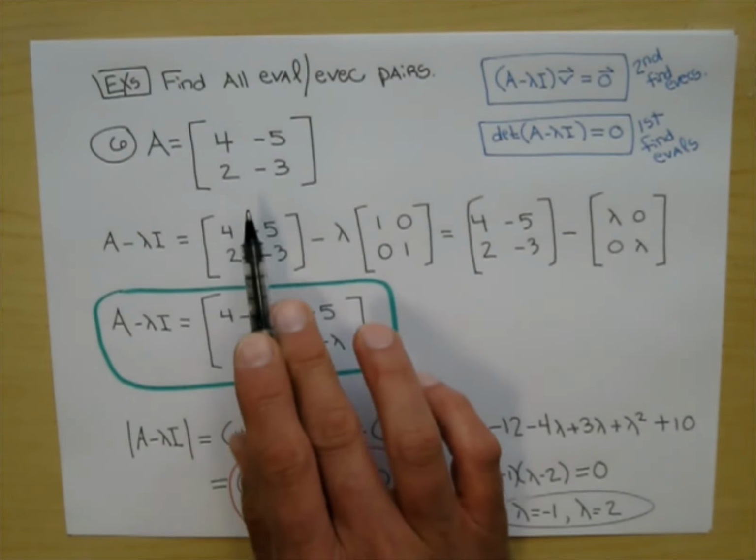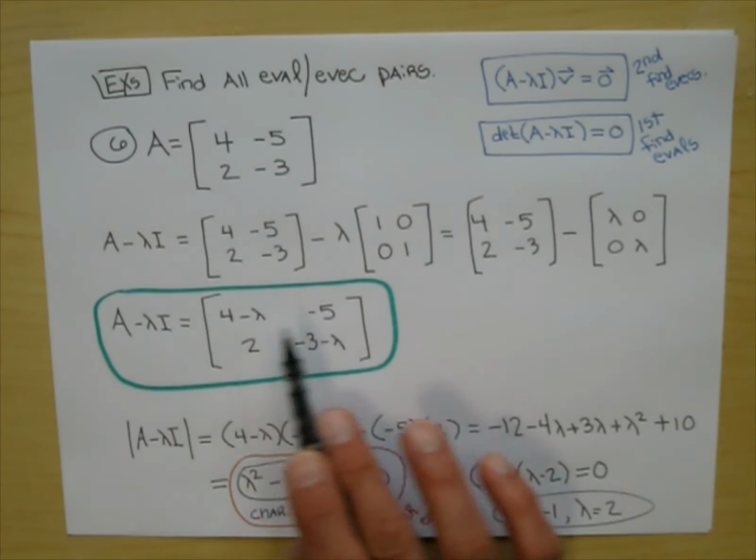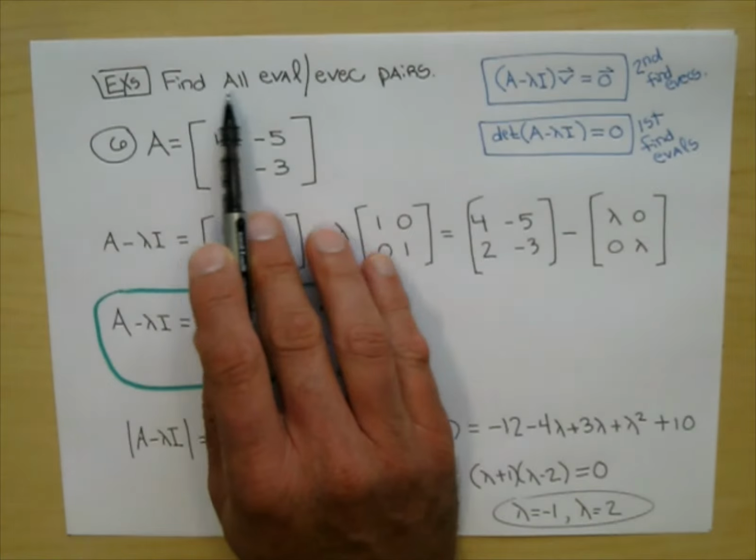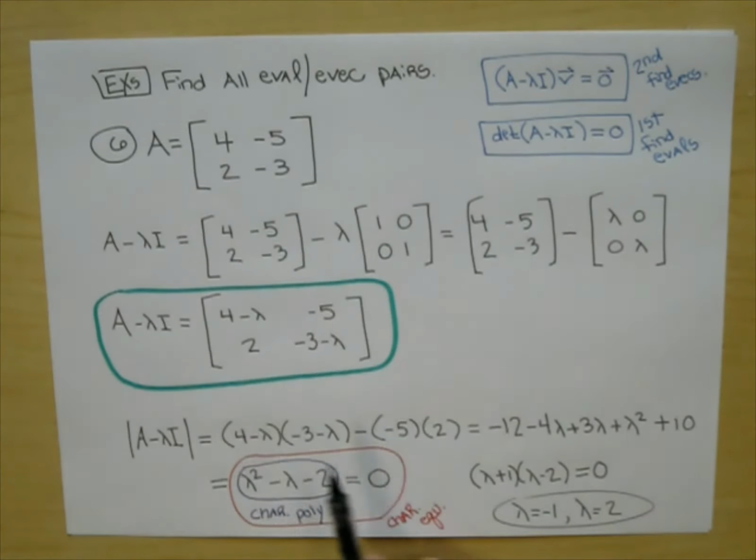It will never have more than 2, because it gives us a second degree characteristic equation, which cannot have more than 2 answers. Could it have less than 2 values? Yeah, if this had factored into (lambda plus 1) times (lambda plus 1), there would have only been one eigenvalue of -1.